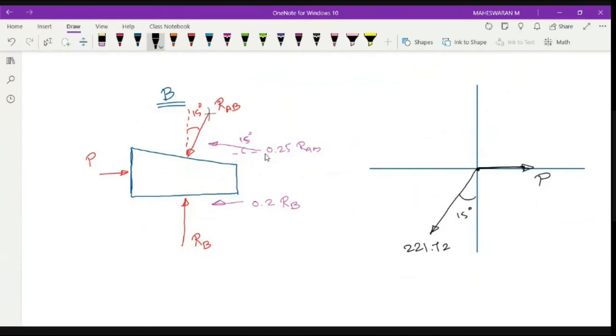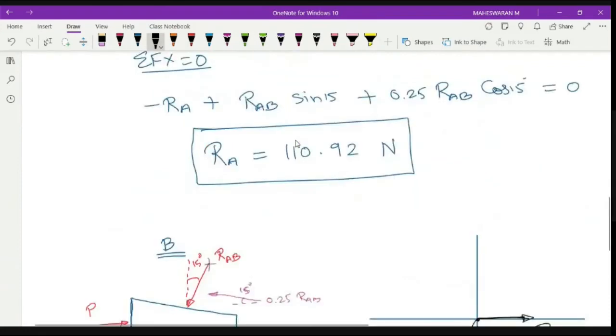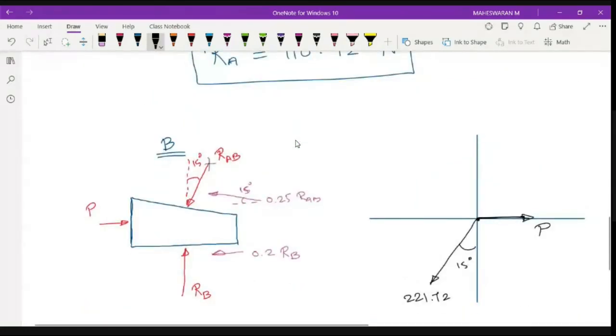And this one, 0.25 RAB, is in the second quadrant. I know RAB, so I will substitute 0.25 into 221.72. So I'm getting 55.43 Newton, and the angle is 15 degrees with respect to this.